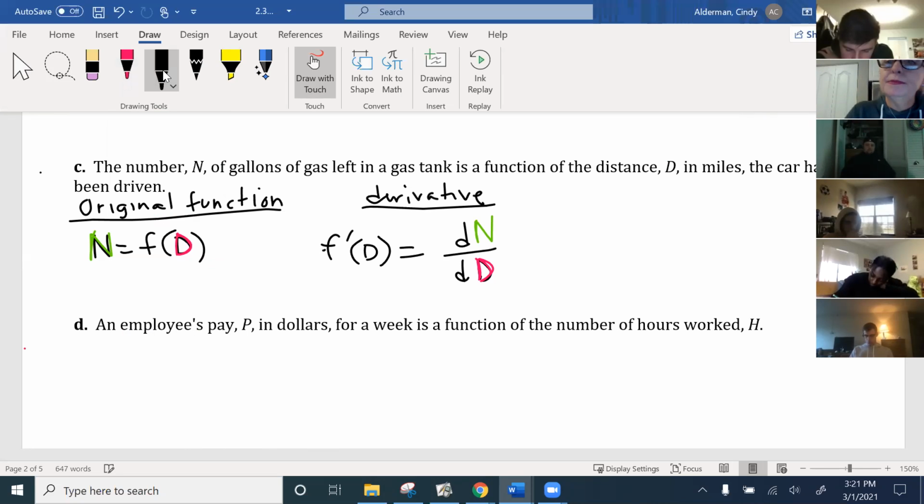Okay, and then what about the derivative unit of measure? Gallons per mile. Yes, thank you.